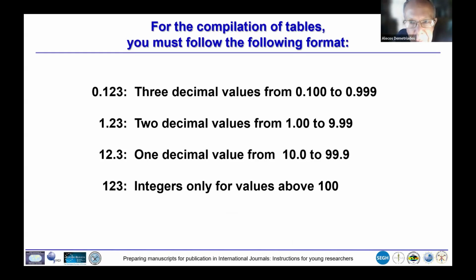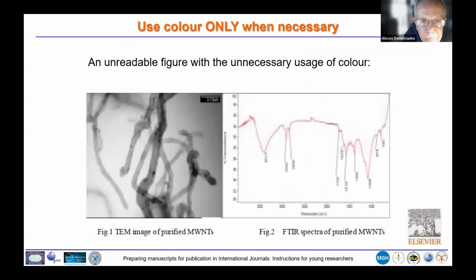For results from 0.100 to 0.999, you only use 3 decimal values, 0.123. From 1 to 9.99, you use 2 decimal values, 1.23. For results from 10 to 99.9, you use only 1 decimal value, 12.3. And for values above 100, you only use integers, 123.